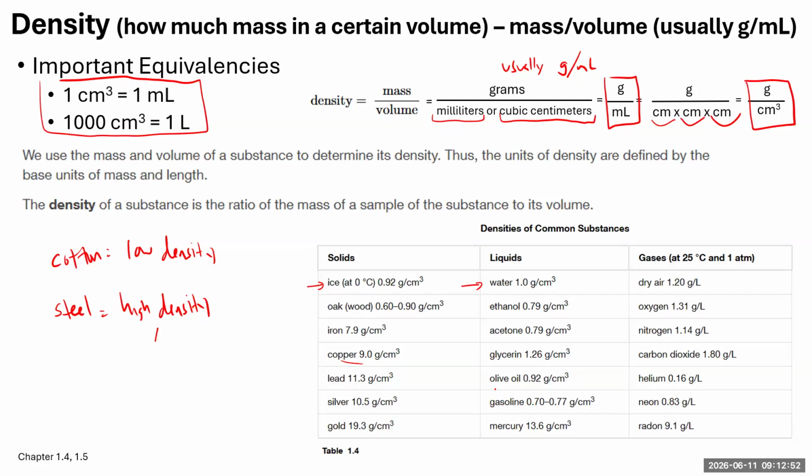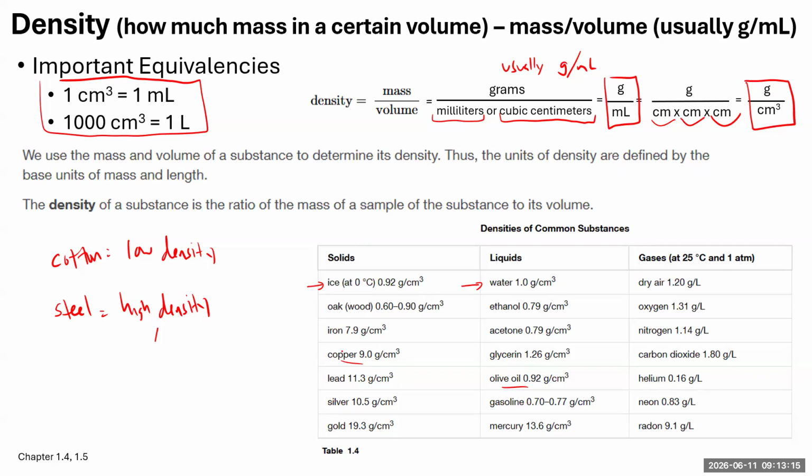Copper, look at copper and olive oil. If you dropped a piece of copper into olive oil, the less dense stuff is going to be on top. So the copper should sink. Usually most solids and liquids will sink, though not all of them.